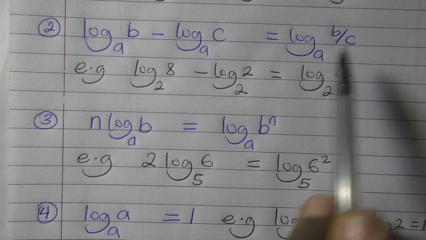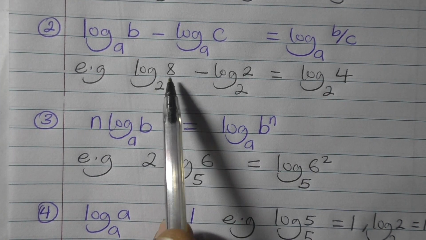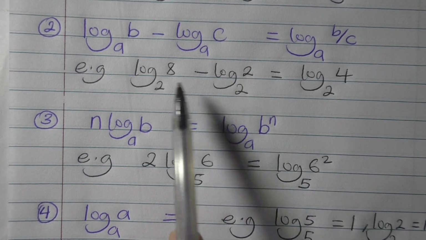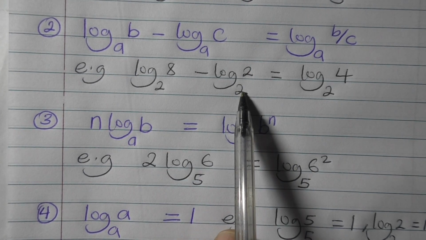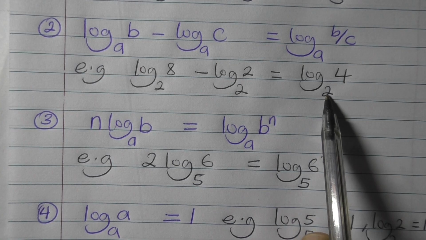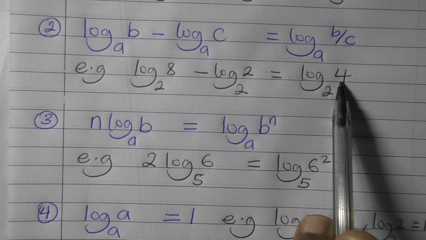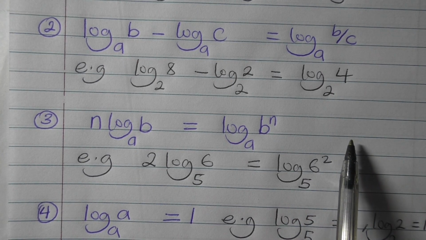For instance, if I have log 2 8 minus log 2 2, then since the bases are the same, I will have log 2 of 8 divided by 2, which is 4. That is how we deal with subtraction.